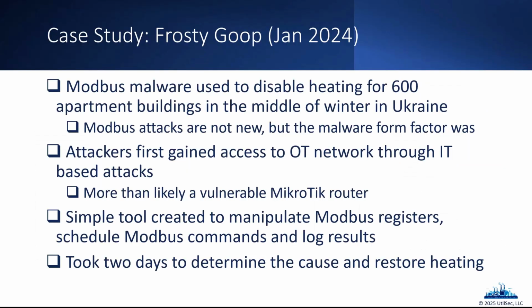So with FrostyGoop, what had actually happened was the Russian state adversaries had disabled the heating in 600 apartment buildings, not 600 apartments, but 600 apartment buildings in the middle of winter, sub-zero temperatures outside in Ukraine.